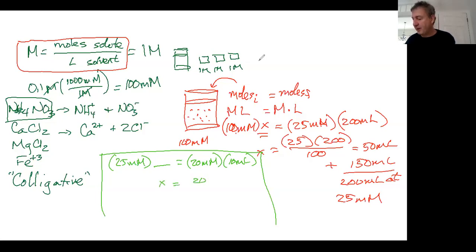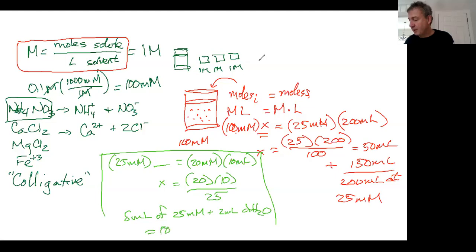So 20 times 10 all over 25. And that means 8 mils of 25 millimolar plus 2 mils of distilled water is 10 mils at 20 millimolar.